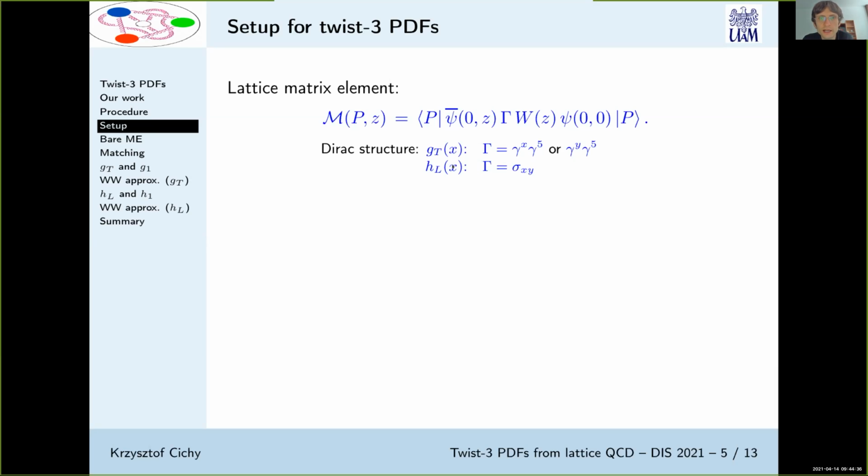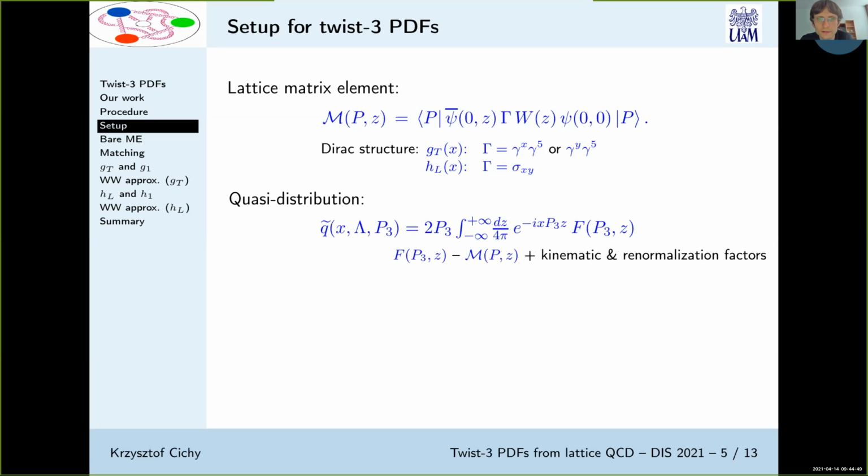For HL, we use the Dirac structure sigma 1 2, whereas sigma 1 3 or sigma 2 3 would be for the corresponding Twist-2 distribution. Having the matrix elements, renormalizing them and inserting some kinematic factors, we can obtain the renormalized quasi-distribution and proceed with the matching.